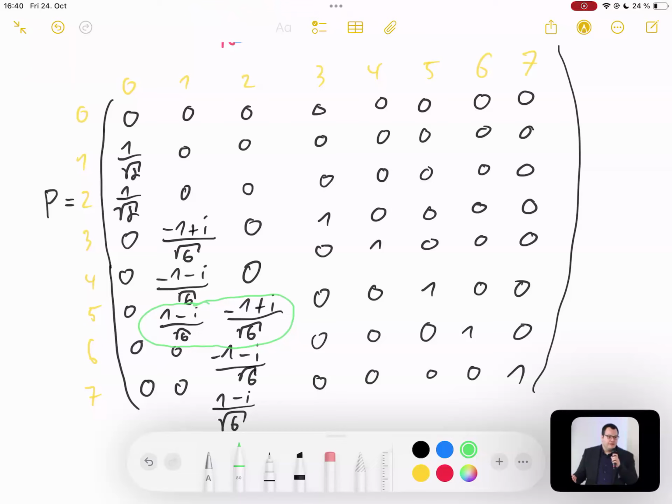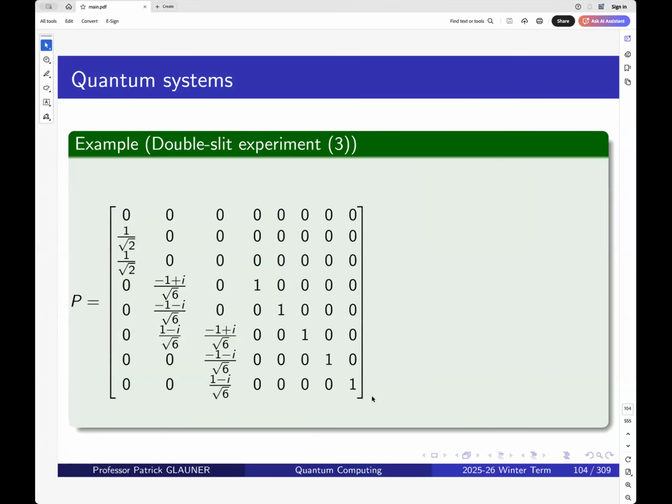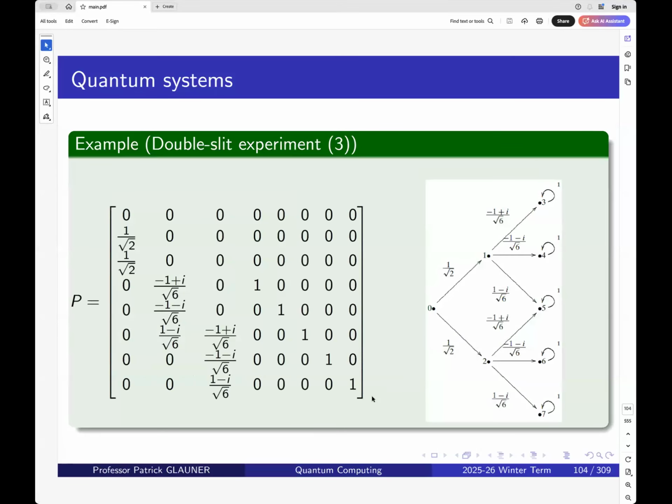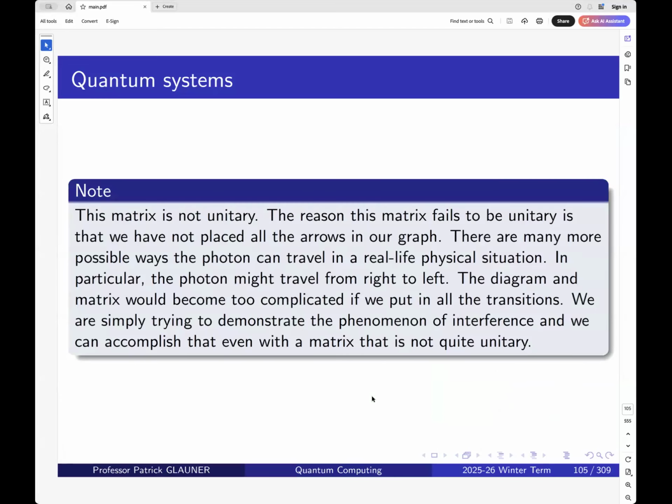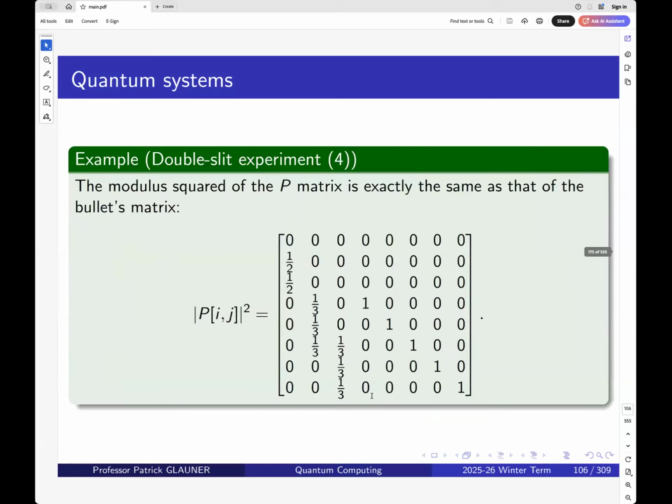I'll switch to the slides for now. So there are a few more matrices and I can just show you the relevant stuff. So this was our matrix P. We have developed it step by step, and it's not unitary. And I've also explained here in the slides why it's not.